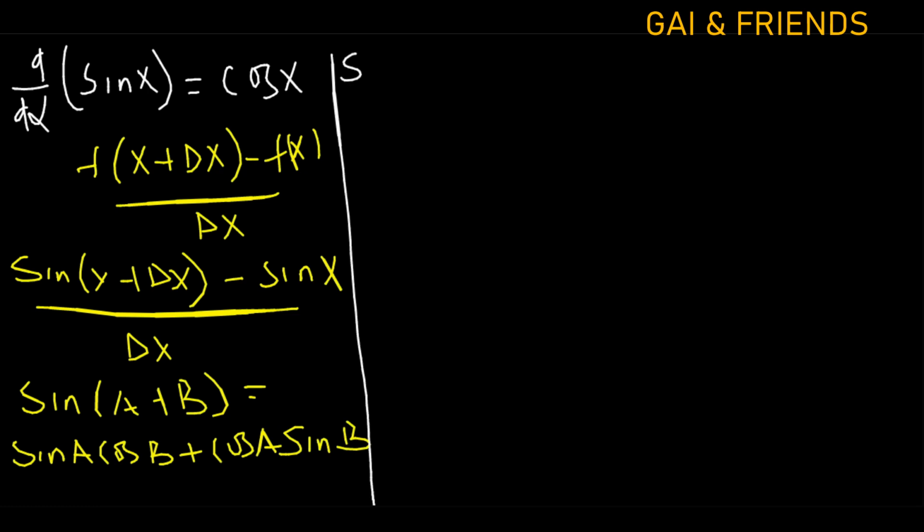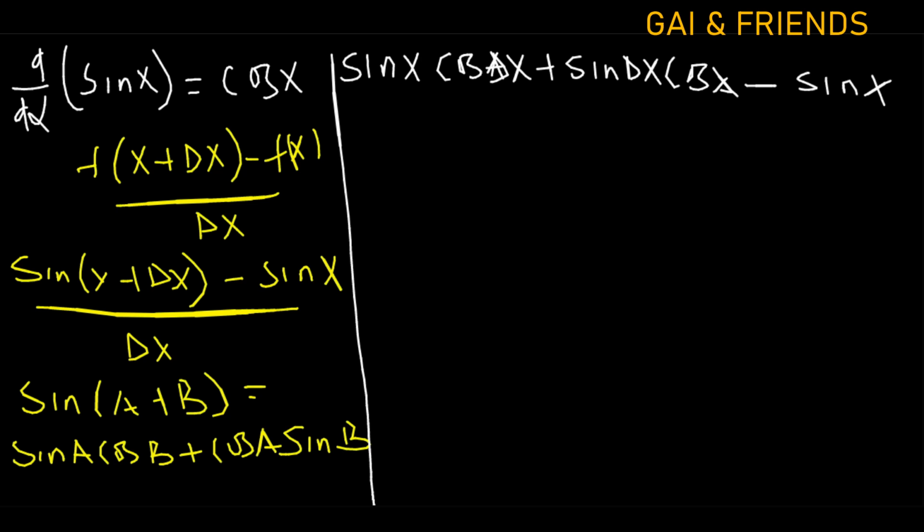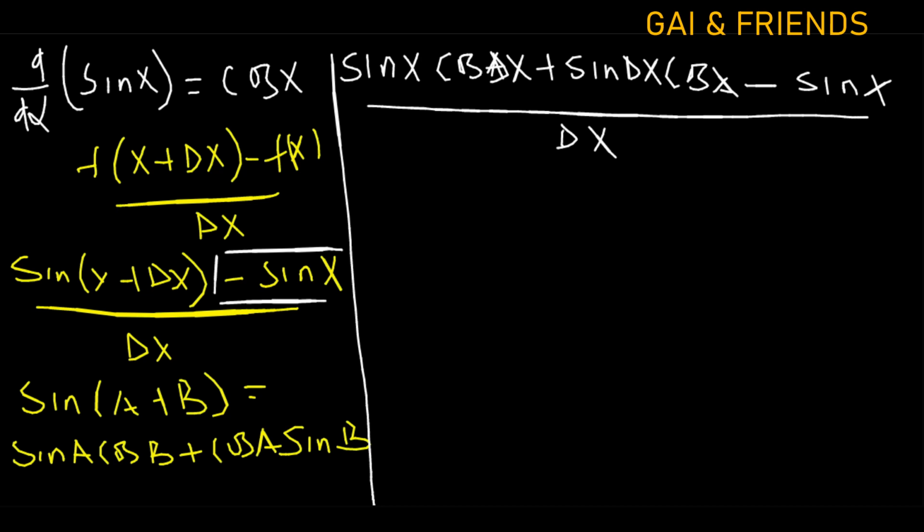It's going to be sine x cos delta x plus sine delta x cos x, subtract sine x, all divided by delta x. This one is the sine x we have put here. Now you can write this by factoring out sine x, because sine x is a common factor.